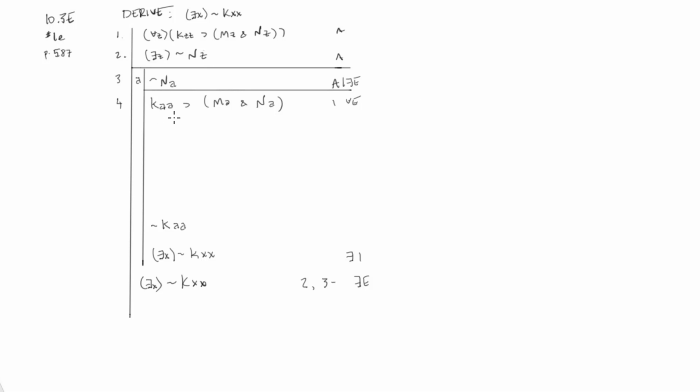And it helps us to see that we have a conditional on line 4 with KAA as the antecedent, and what we're after is the negation of that term. So what we might be thinking is that wouldn't it be nice if we could use modus tollens? Modus tollens is an SD plus rule that lets you write down the denial of the antecedent of a conditional you already have.